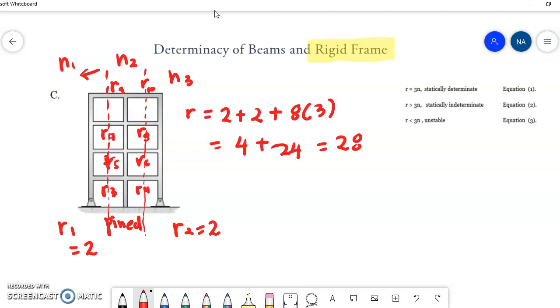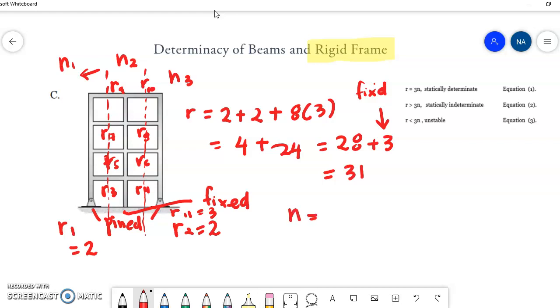Oh, I forgot something. We have pin and pin here, but this one is the fixed support. So I name it R11. R11 equals 3. So 28 plus 3 coming from the fixed support. So total number of R is 31.